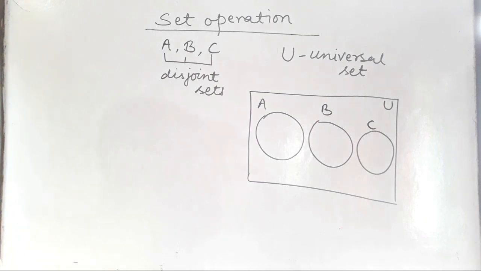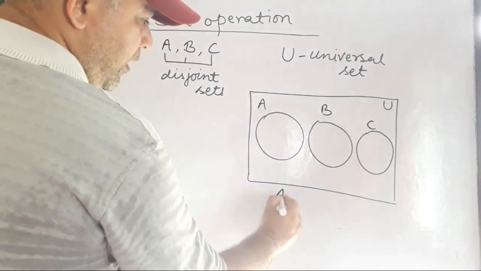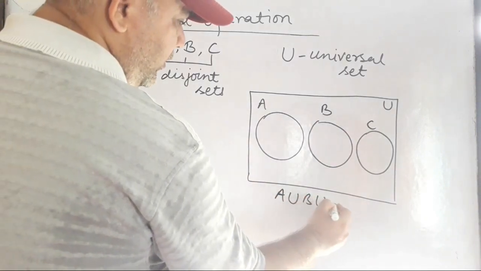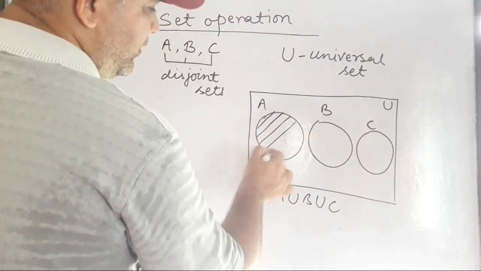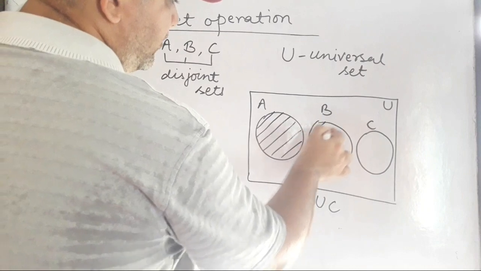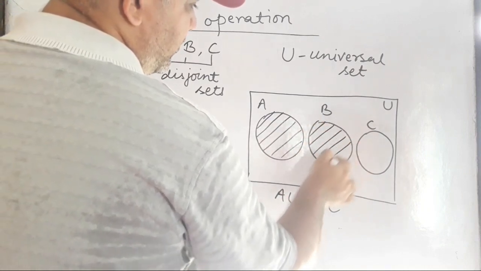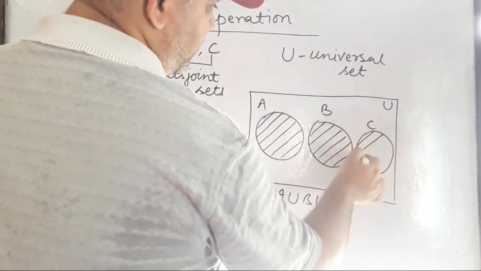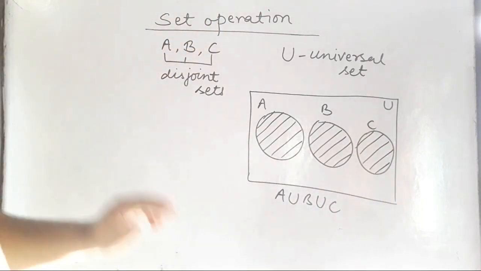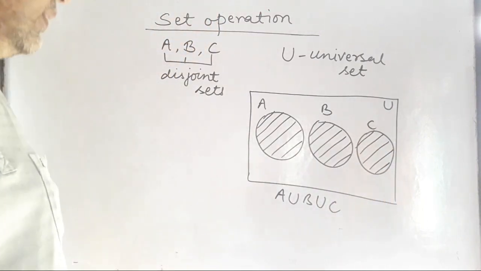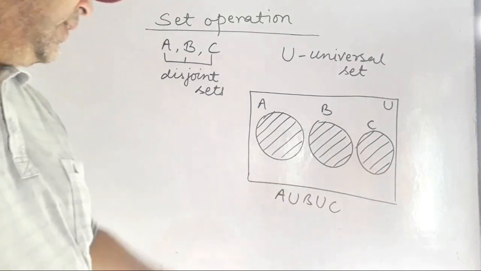Now how to represent them in the Venn diagram? A union B union C. Now all three sets are shaded. So in the Venn diagram, we draw the union of these three sets which are disjoint in this way.